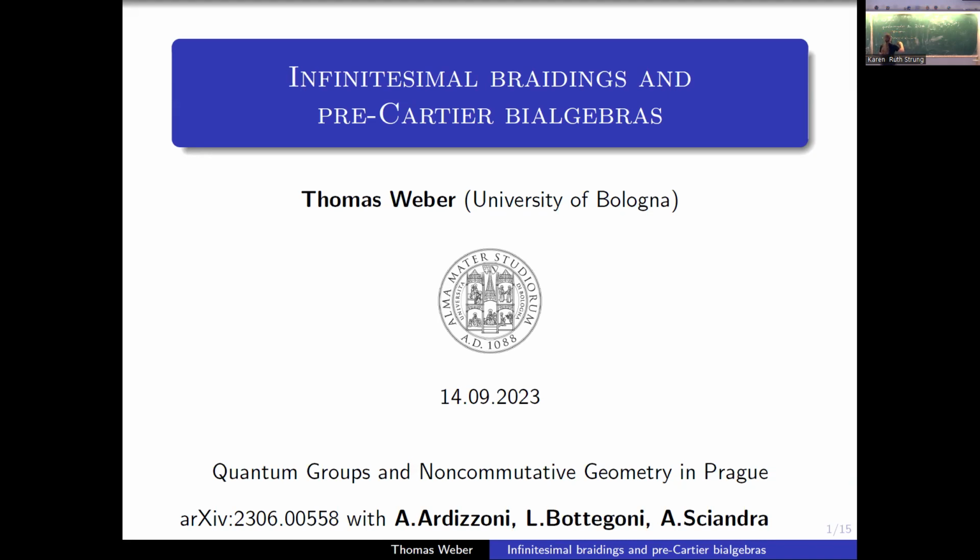This would be some element chi in H tensor H, which on this side will correspond to some natural transformation T chi from the tensor product into the tensor product. This we will call an infinitesimal braiding. Okay, this is the picture. Let's look at this in more detail.